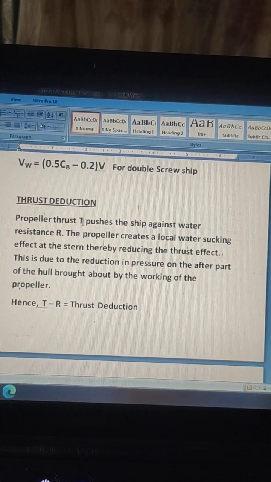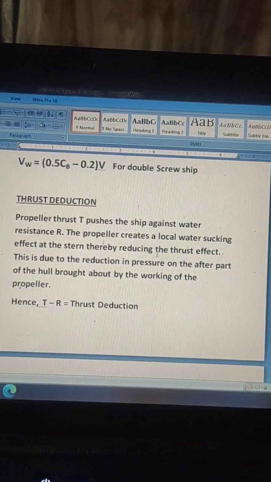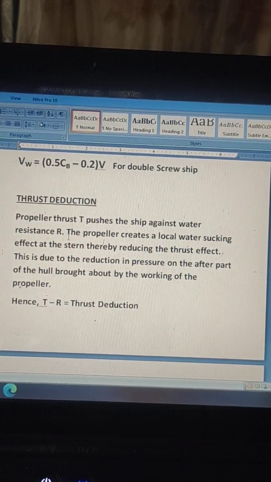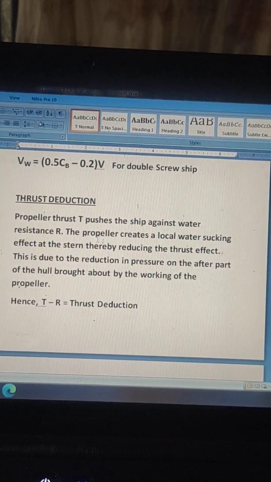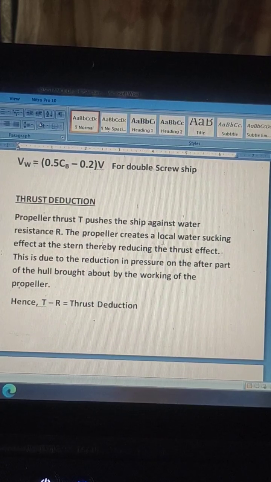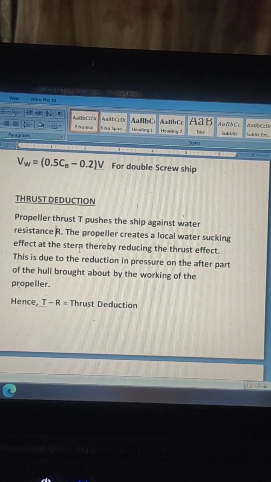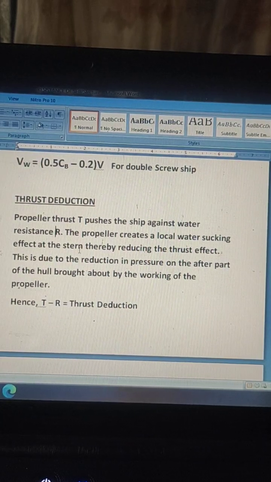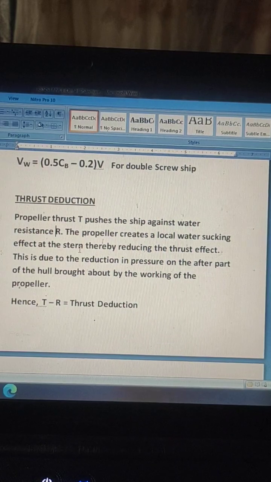The propeller thrust T pushes the ship against the water resistance, as we saw before, which is the resistance of the ship. The propeller creates a local water sucking effect. As the propeller is working, it's sucking water from the side of the hull.